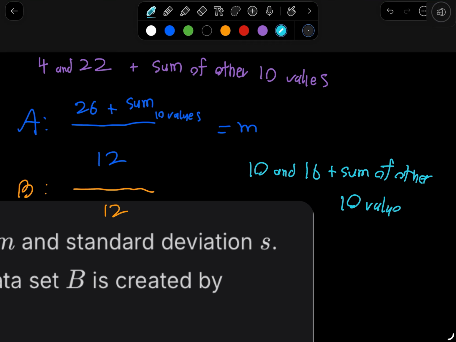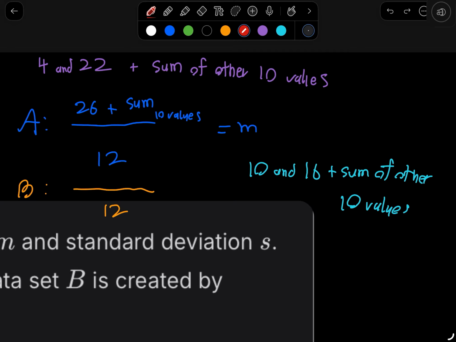The key thing to realize though is that the only difference between these two data sets are these two values, 10 and 16. The other 10 values are the same. Those don't change. So we know that those 10 values have to add up to the same sum.